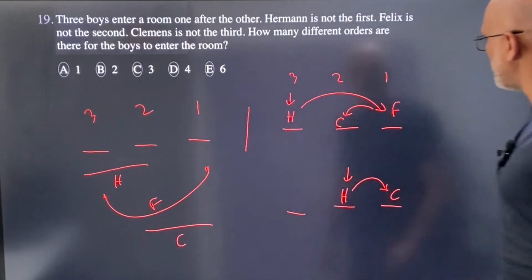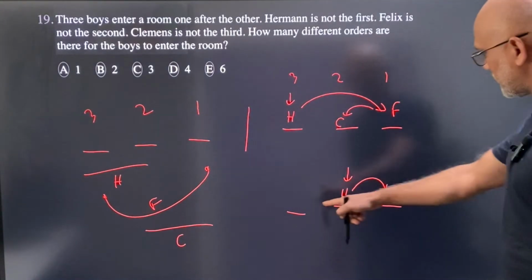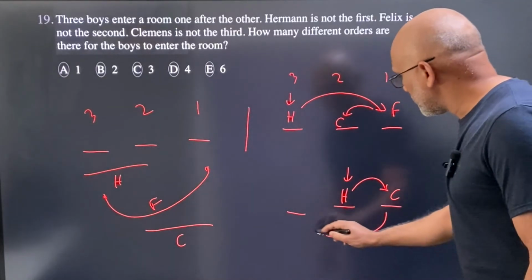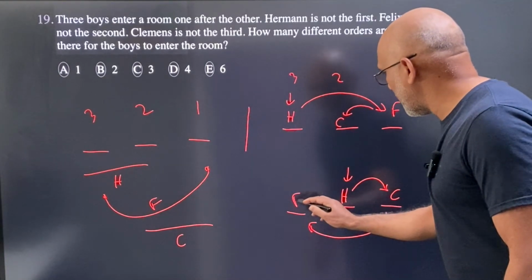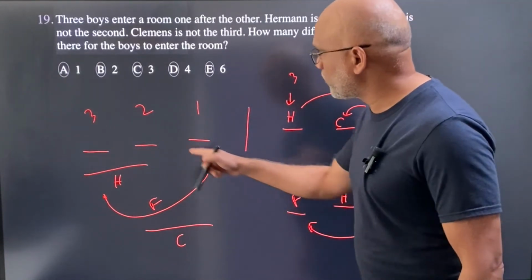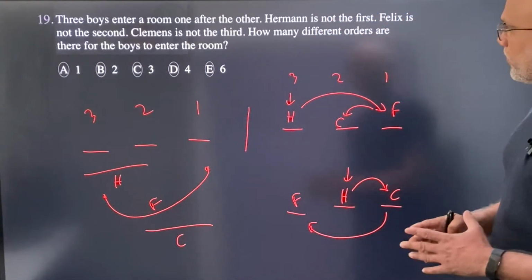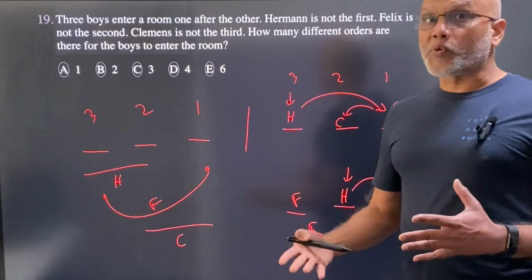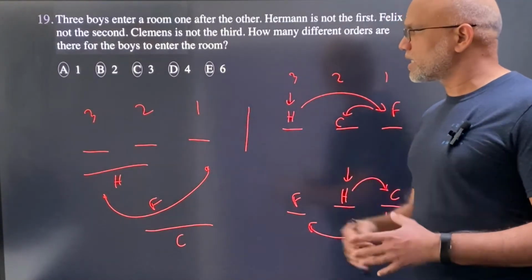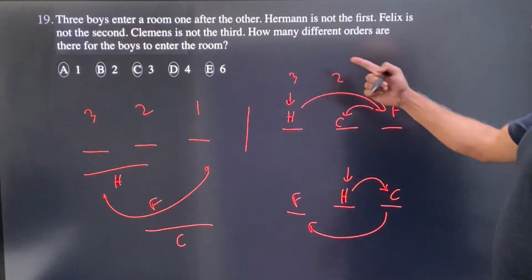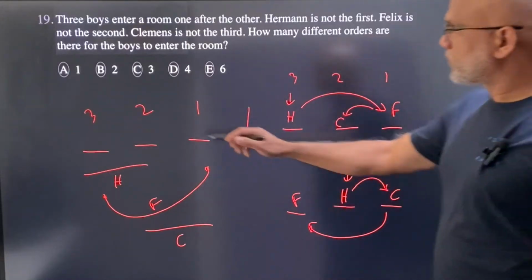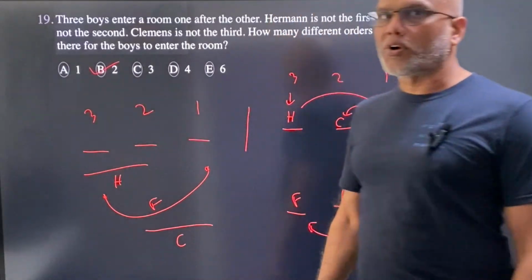Then there is only one spot left, so that must be F, and sure enough, F can be at 1 or 3, so F is fine here. Now, those are the only 2 configurations, right? There is nothing else possible. So, how many different orders? There are only 2 different orders.